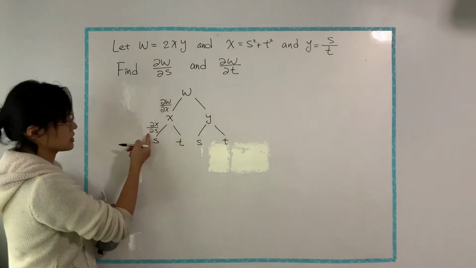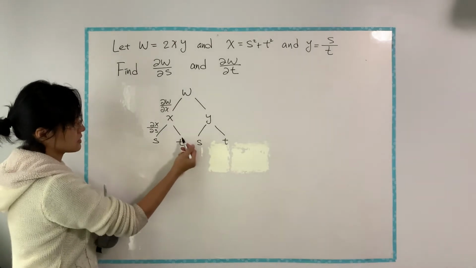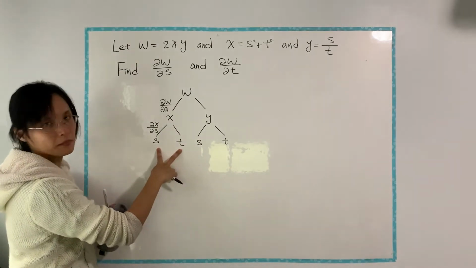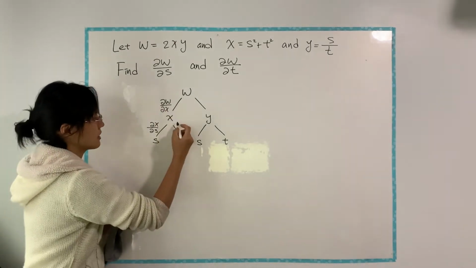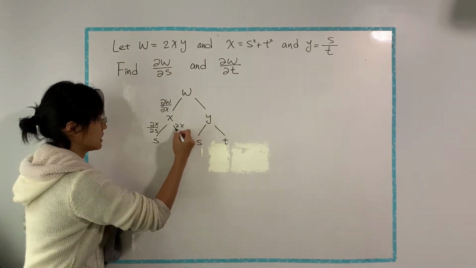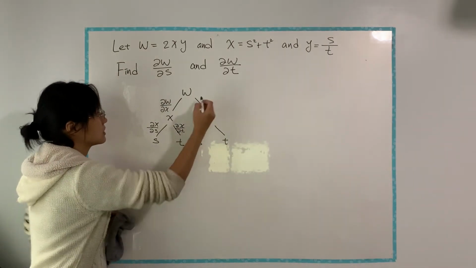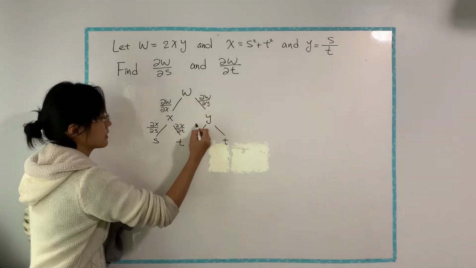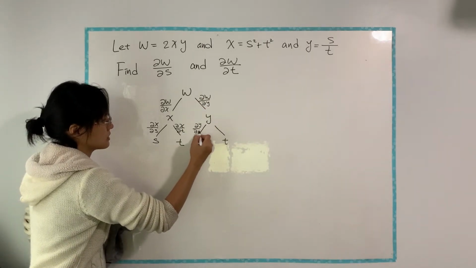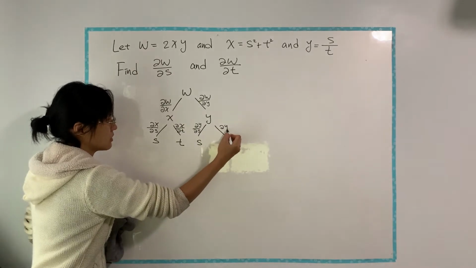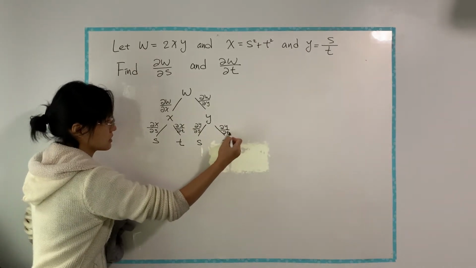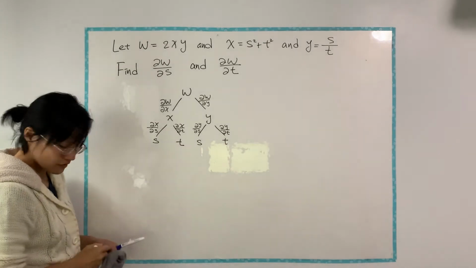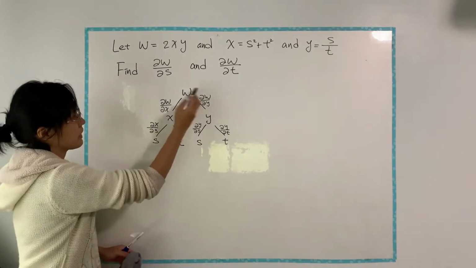I'm using this weird notation because x is also a function of multiple variables. And down here we have dx dt. Here we have dw dy, ds, dy dt.